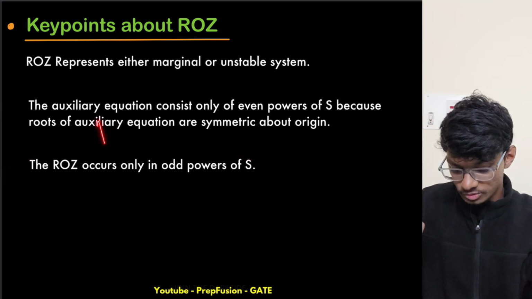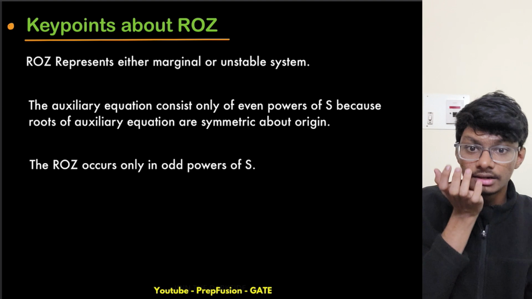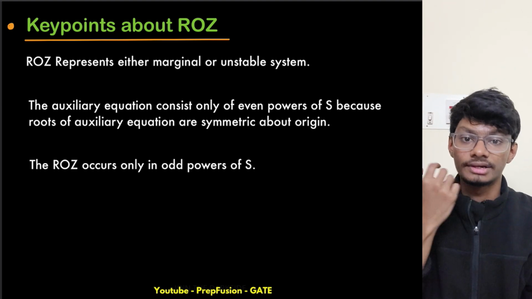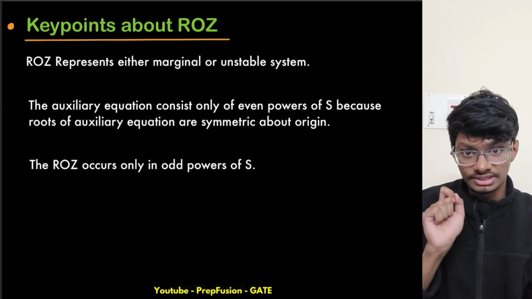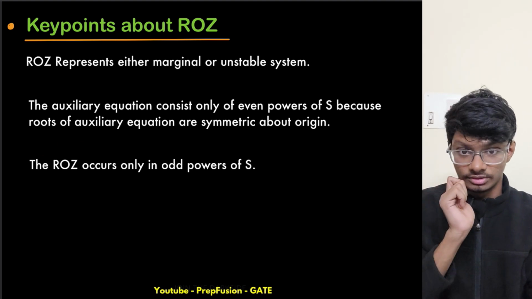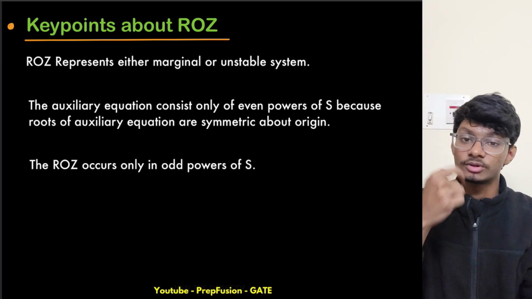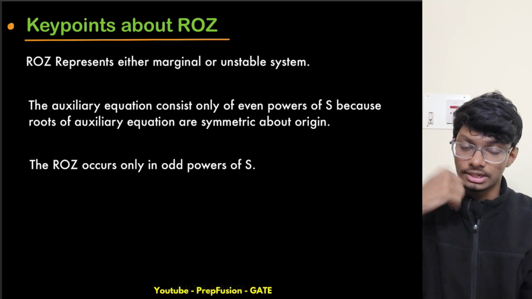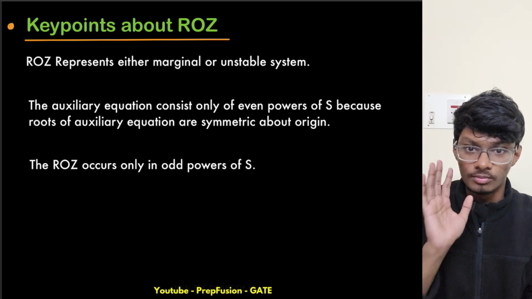So these two are fixed. If you get a row of 0 at an even power of s, then you must have made a mistake. So check that your auxiliary equation is on an even power of s and your row of 0 is on an odd power of s.